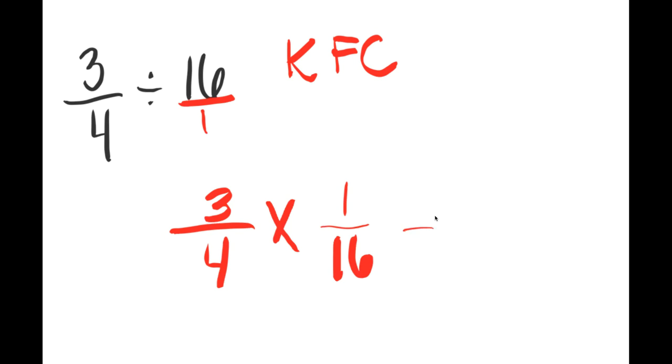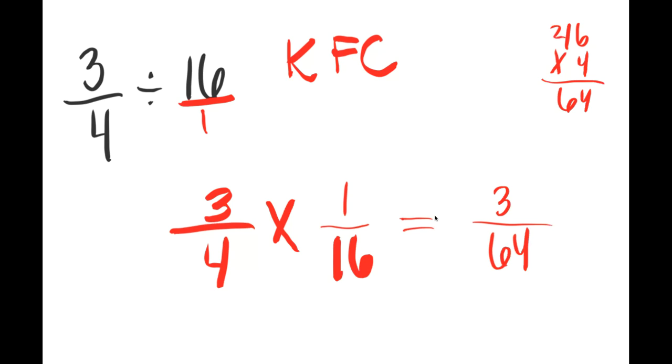So here we would do numerators, 3 times 1 is 3, and then denominators, 4 times 16. If you need to show your work, you can do that. 4 times 16 is 64. Okay, and we do have a big number on the bottom, but 3 does not go into 64, and there's no other number that goes into both 3 and 64. So here's our final answer.